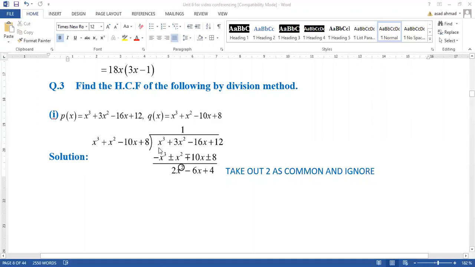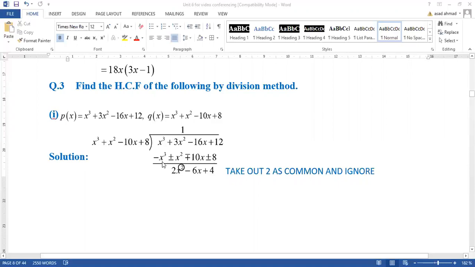because the power of x is the same. So if you write 1 here, that means you have to multiply this 1 with all of these 4 terms. And obviously when you multiply with 1, all of these 4 terms will be written as they are.